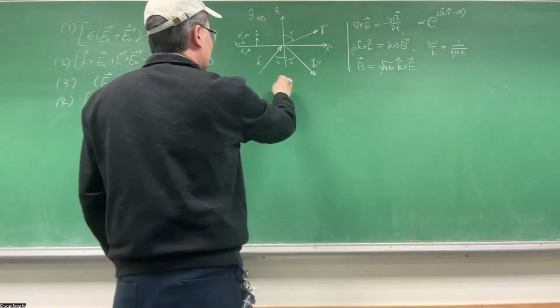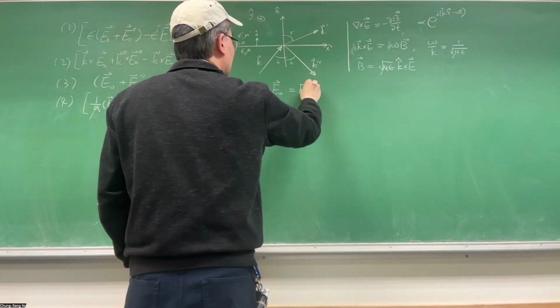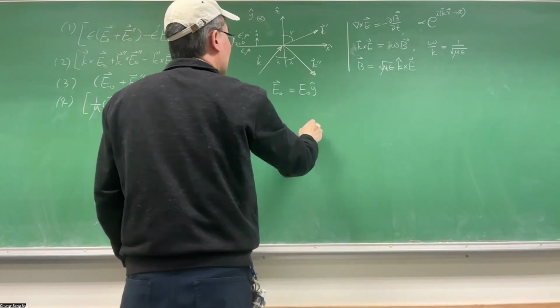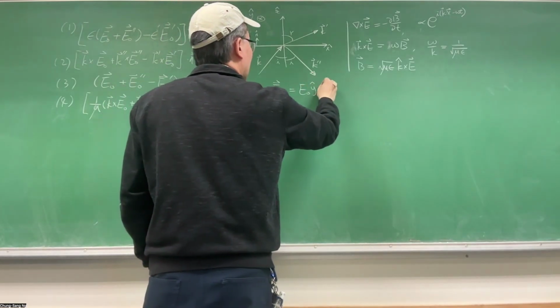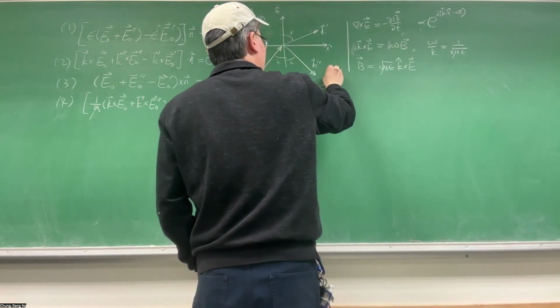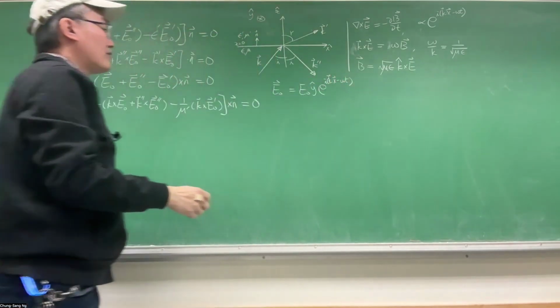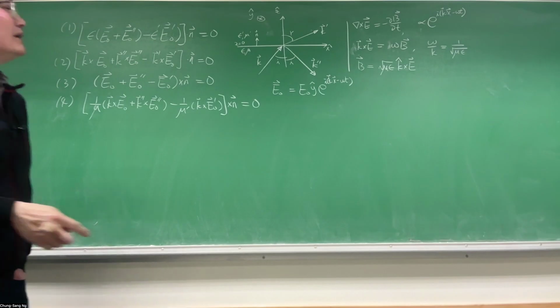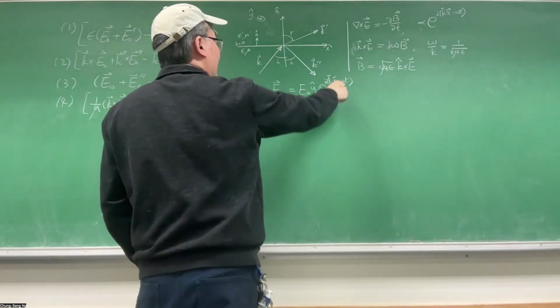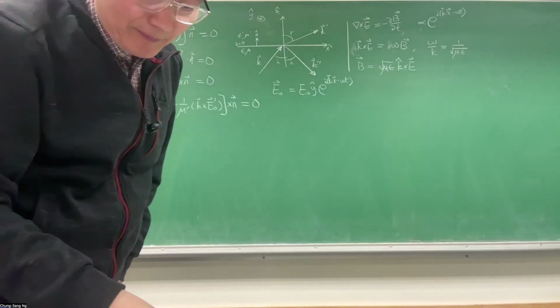You can write that E0 is just E0 y, and as usual, you have this same phase factor. We might later just ignore this phase factor because every quantity has this one.